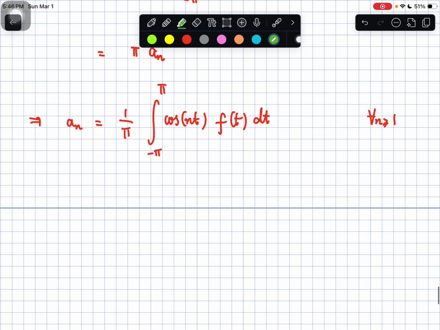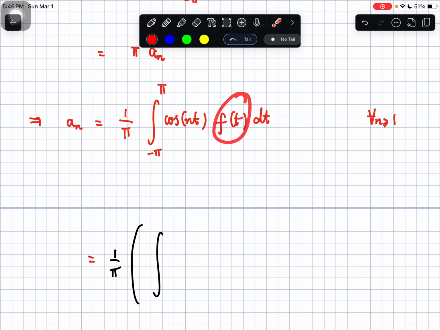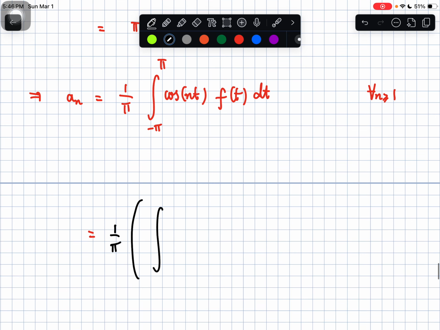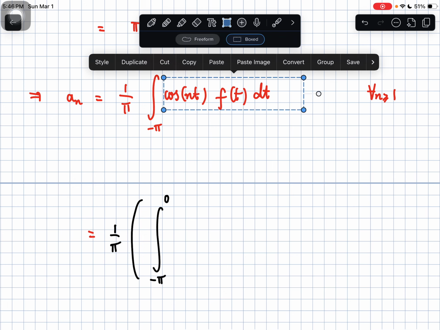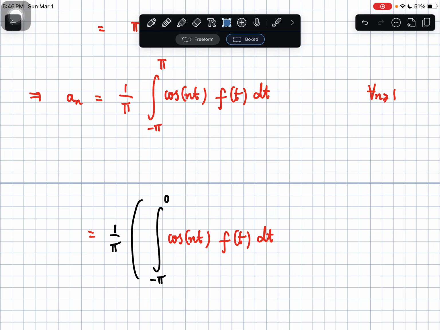In our case, you have 1 over pi, and because this function is piecewise continuous, I break it into minus pi to 0, cosine nt times f(t), plus 0 to pi.